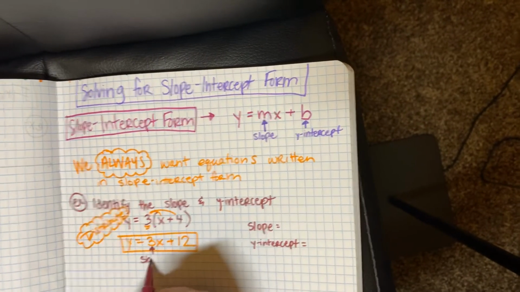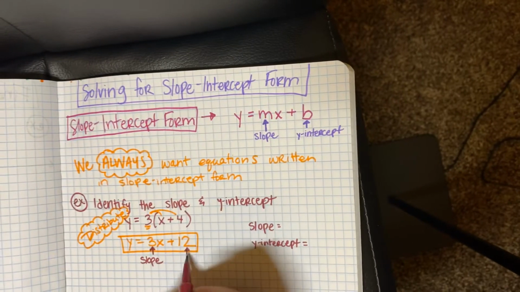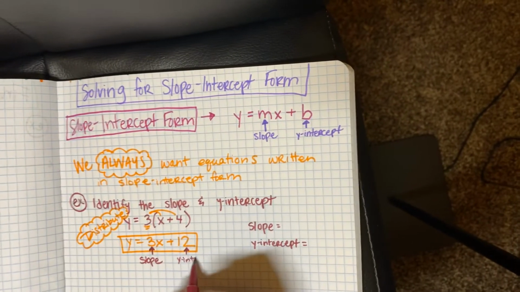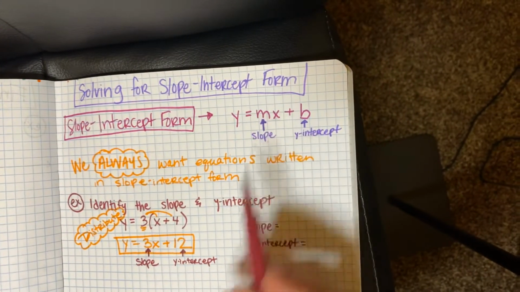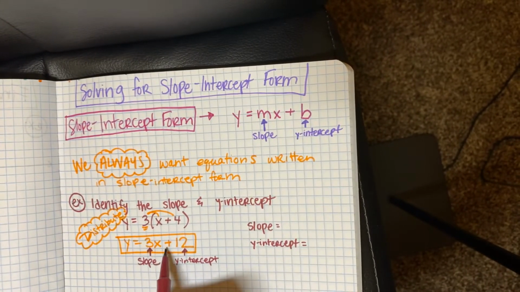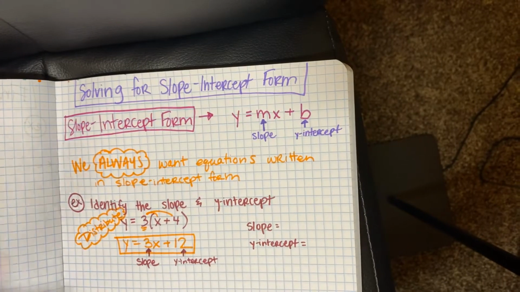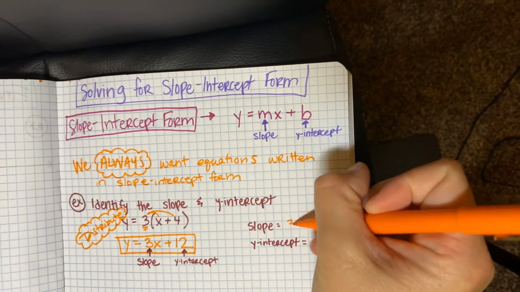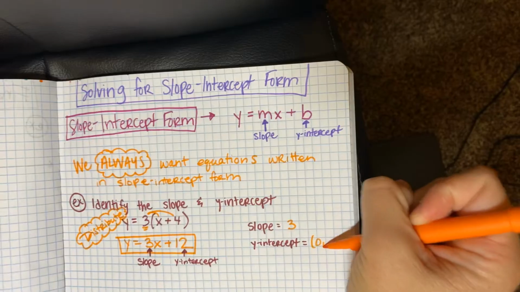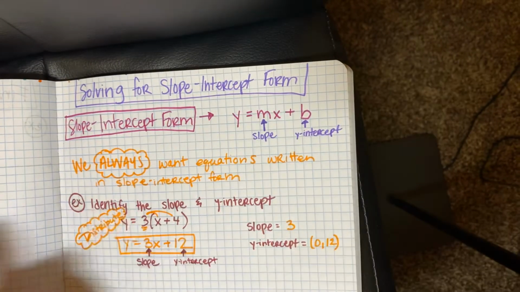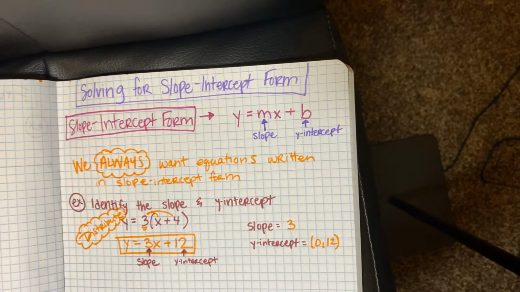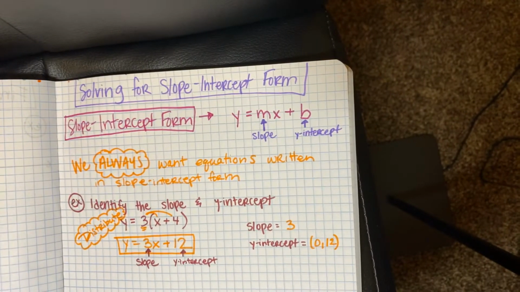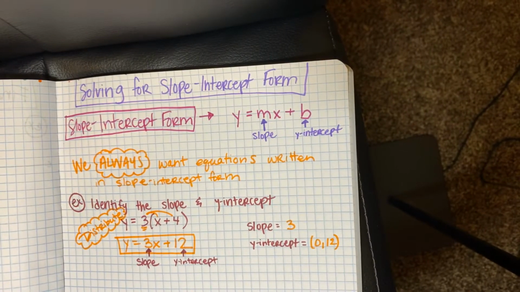There's the slope. There's the y-intercept. It looks just like y equals mx plus b. So that tells us that the slope is 3. And the y-intercept is (0, 12). Just as a reminder, we always want to write that y-intercept as a coordinate because that's what you're finding. You're not just finding 12, you're finding that the intercept is (0, 12).